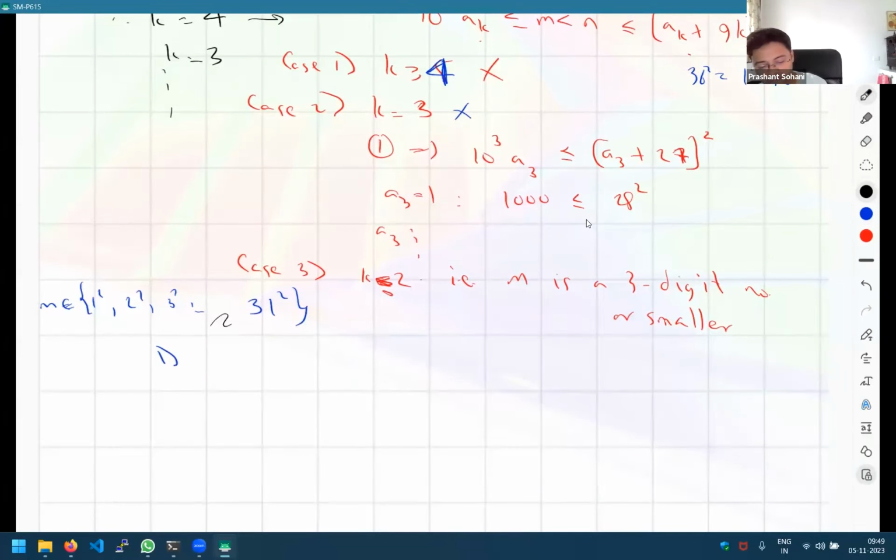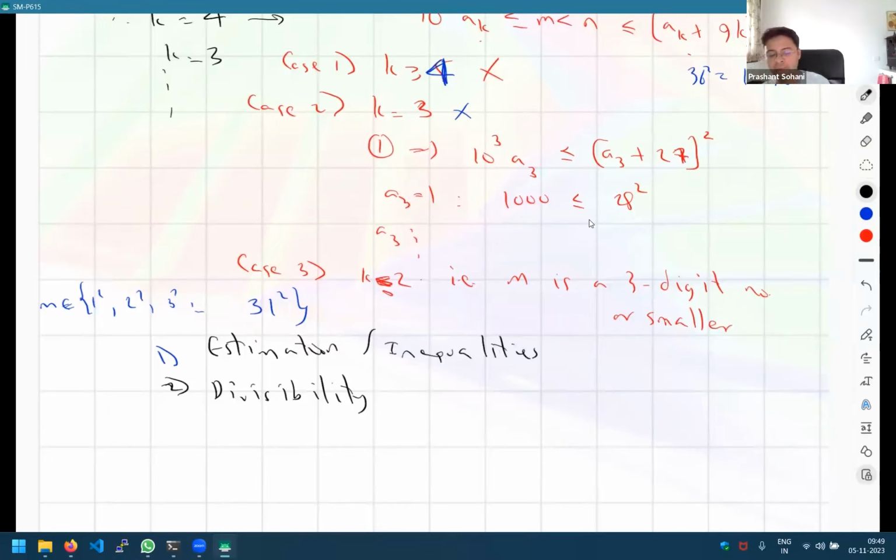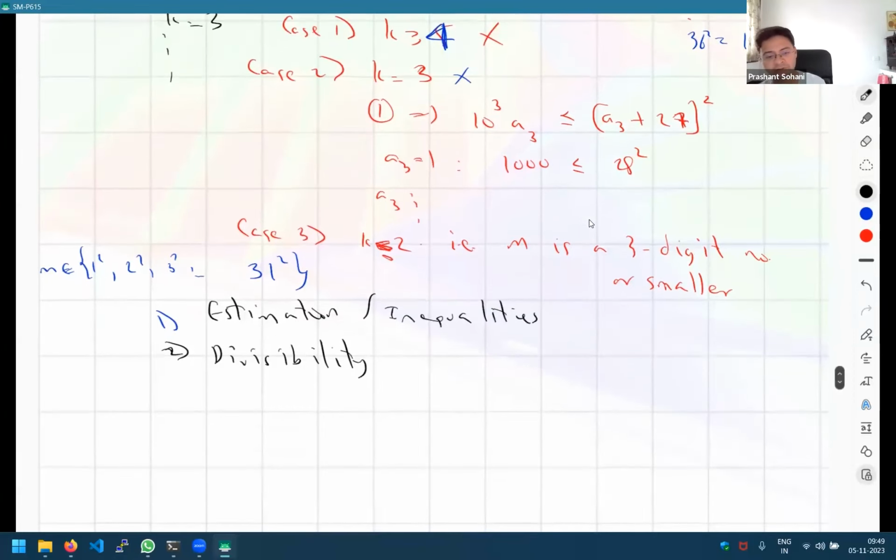One is through bounds, like estimation, trying to find inequalities, and the second is through divisibility. So can you think of how, through divisibility, I can restrict the possibilities?